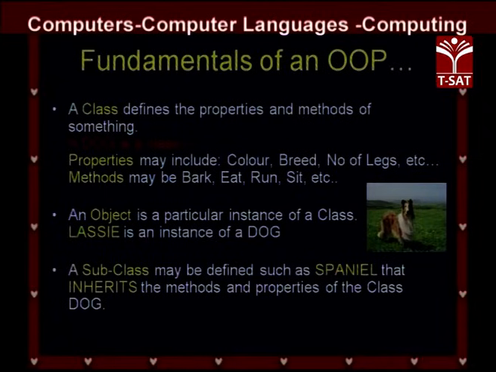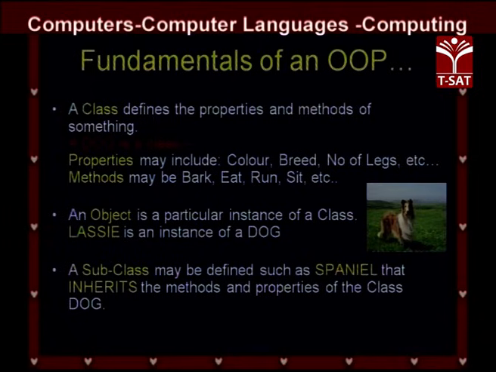An instance is nothing but this: when we create a class and want to use or call the properties of the class, we create an object. When you create an object, all the properties of that particular class are loaded into that object.